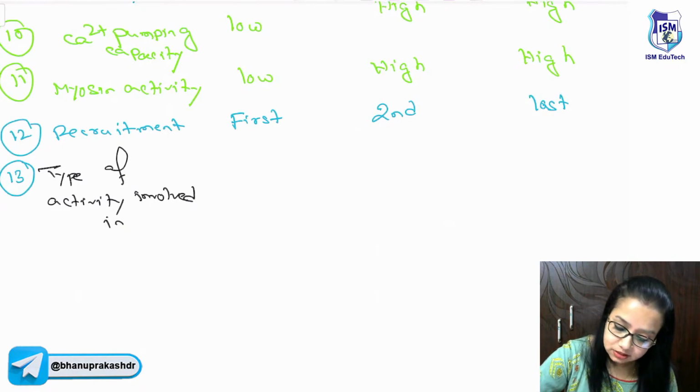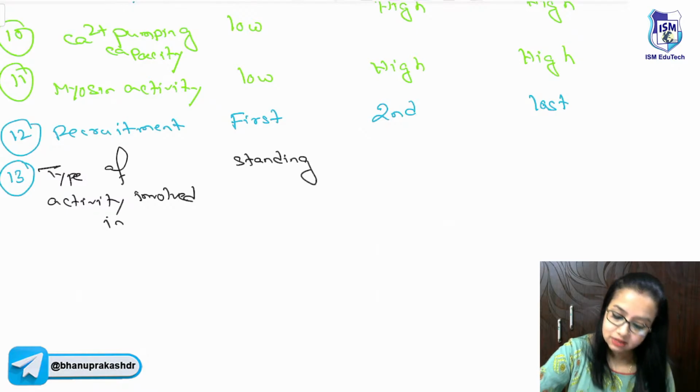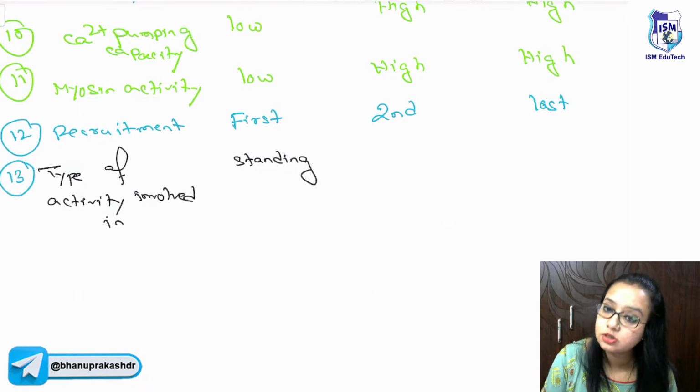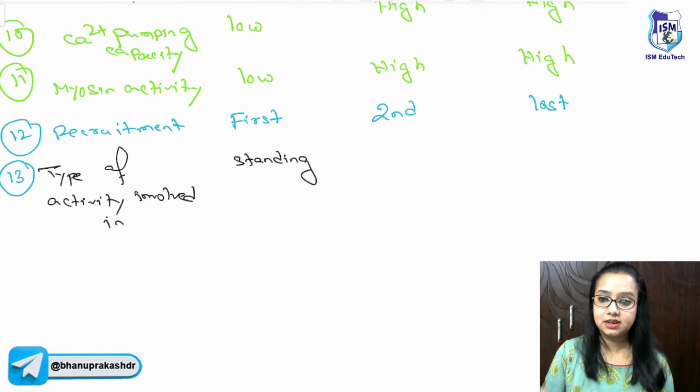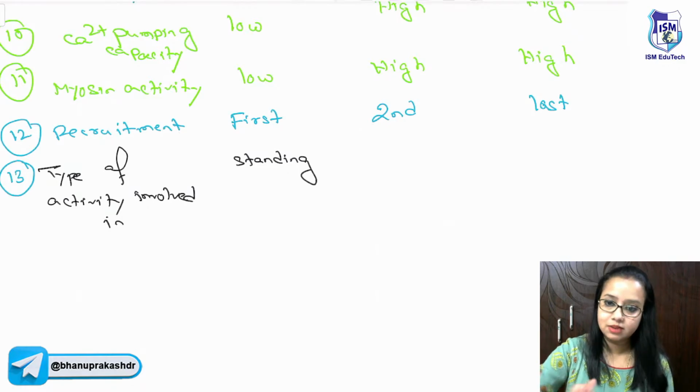So the activity in which this type 1 slow type muscle is participating is standing. Standing, sitting, all this static position where I'm not moving.